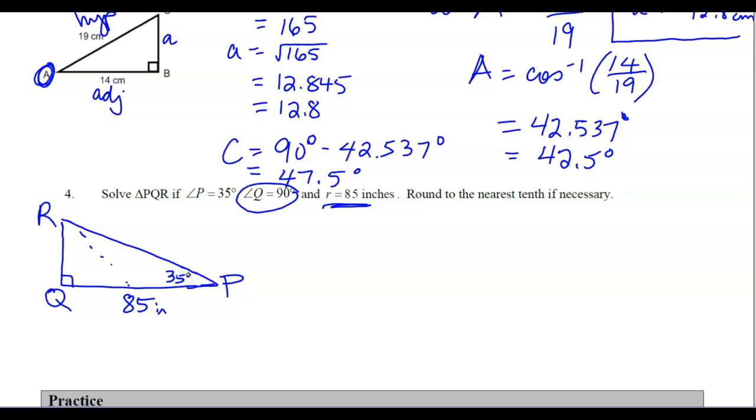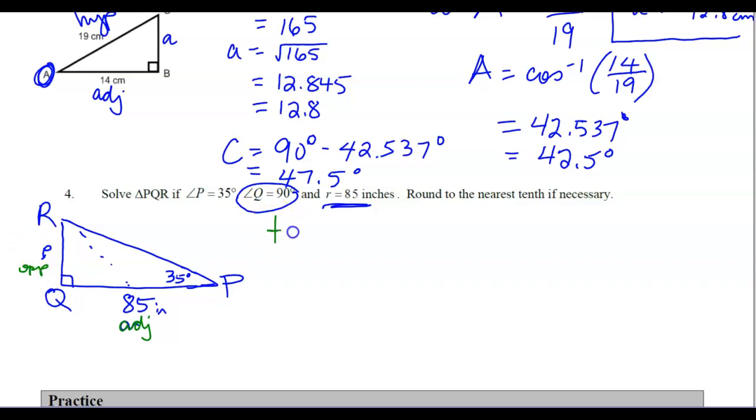Okay, so looking at this, the side over here would be lowercase p. So if I label this, 85 is adjacent to capital P, and this would be opposite capital P. So opposite and adjacent is tan.